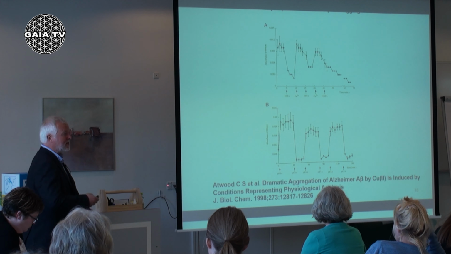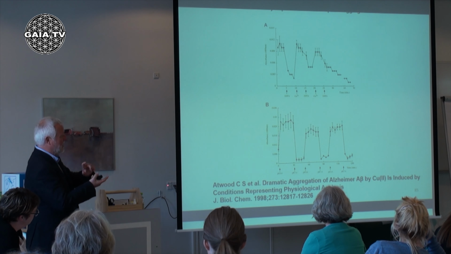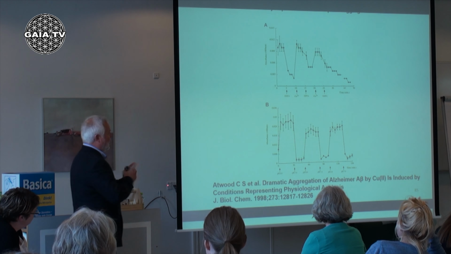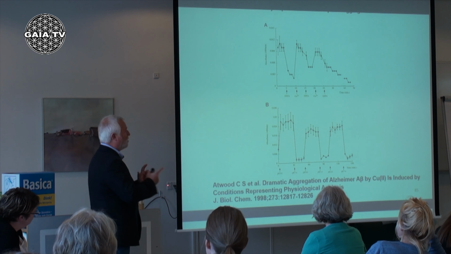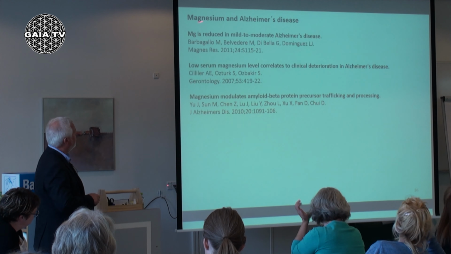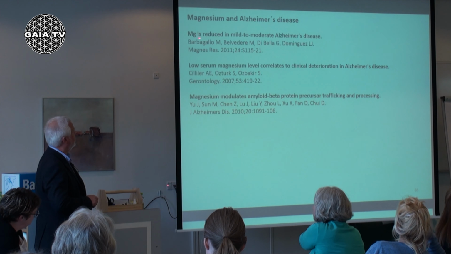And this acidosis, of course, can be avoided. And this acidosis might have influences on intracellular magnesium status. You see, acidosis and magnesium are closely connected. And it is known since long that there's a problem with magnesium status in Alzheimer's disease.